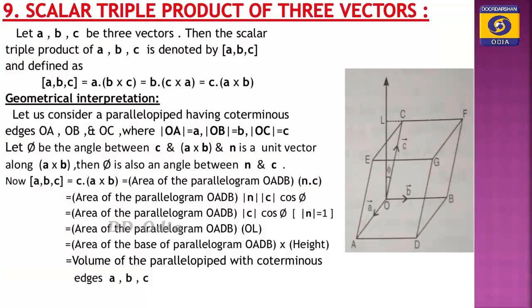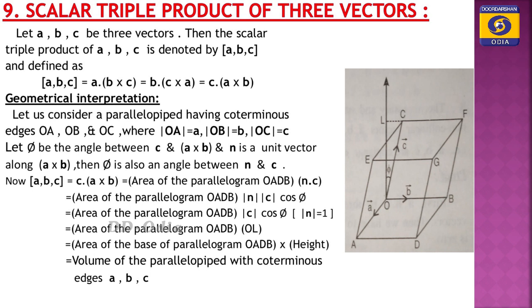Also, we can go for the geometrical interpretation. From the slide you can also verify that the scalar triple product of A, B, C, that is C into A cross B, is the area of the parallelogram OADB into n dot C. So, area of the parallelogram OADB into the magnitude of C into cos phi, where phi is the angle between the C vector and n cap.